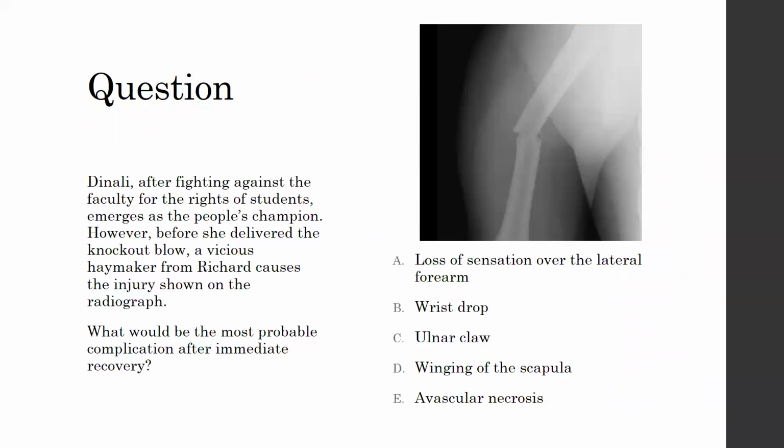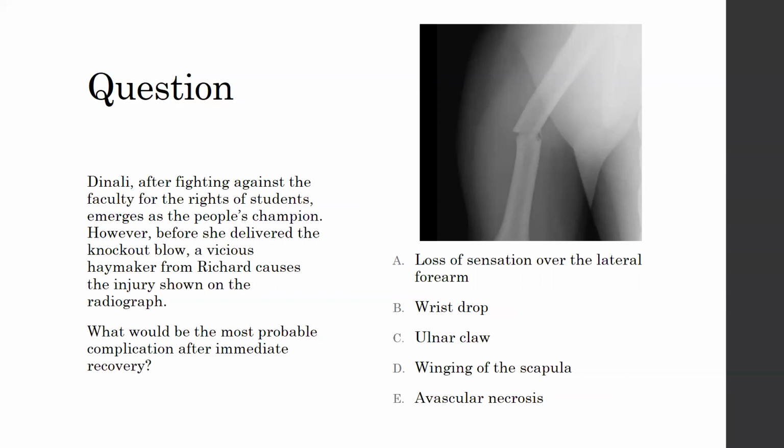Here's a question. Okay, does anyone want to shout out the answer?